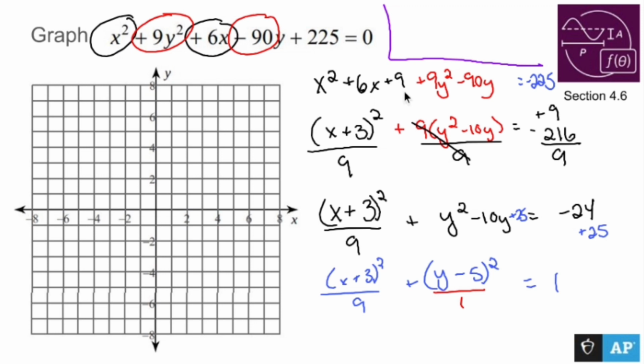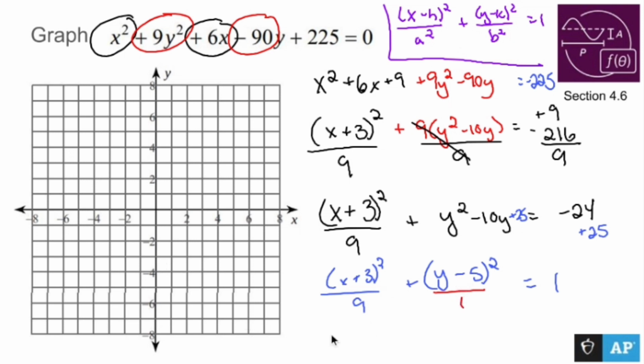So you have (x minus h) squared over a squared plus (y minus k) squared over b squared equals 1. And again, we use this version of the formula when this number is bigger than this number, which it is.